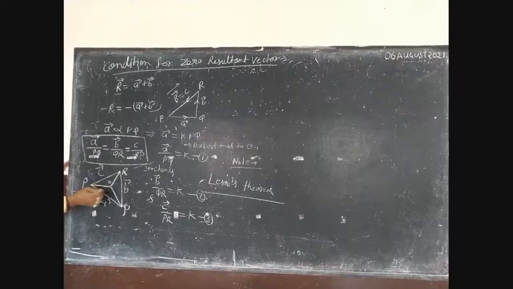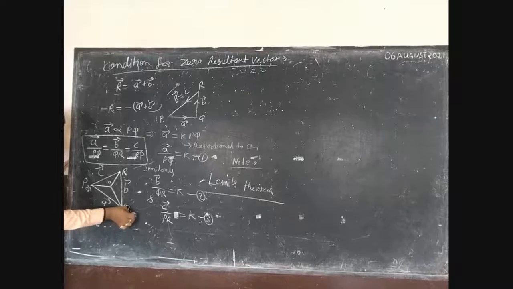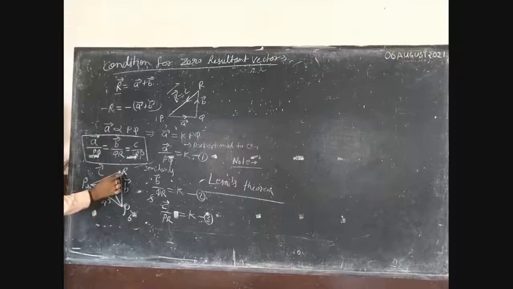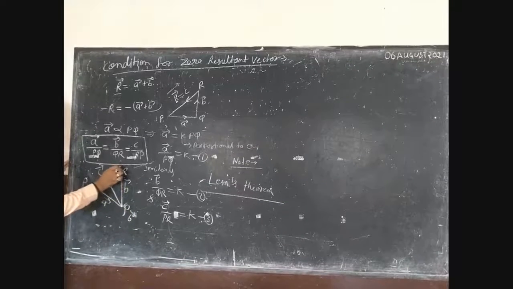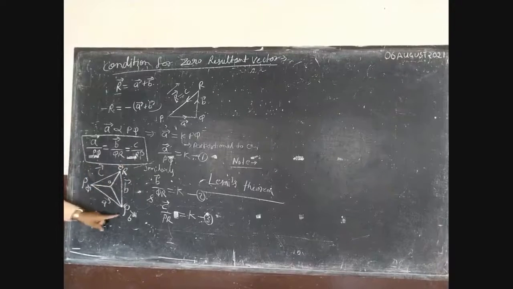Let's say vector A acting at P, vector B acting at Q, and vector C acting at R. Now take the three vectors on the other side.